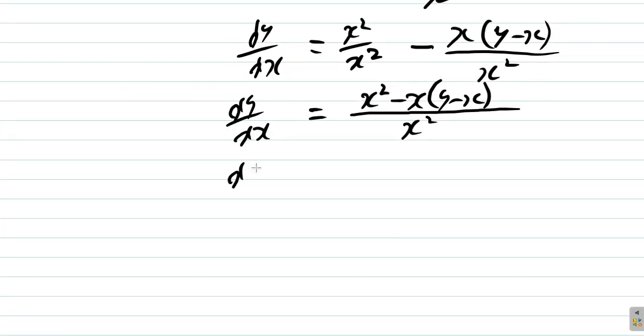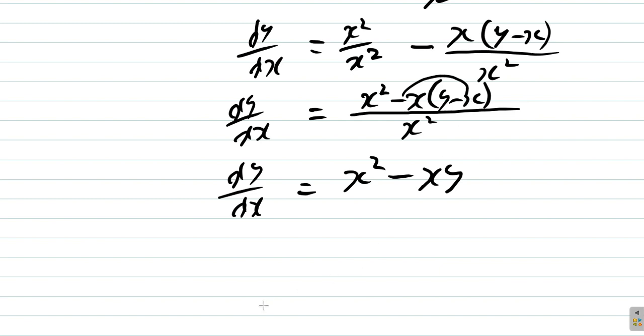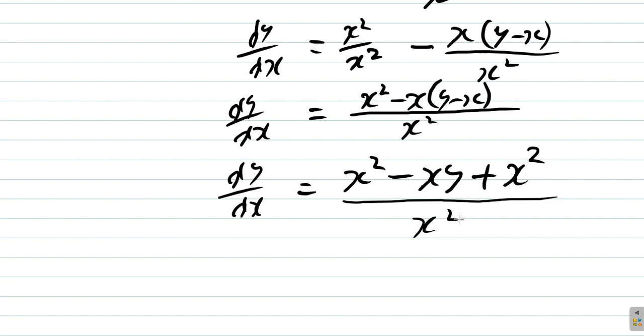So we continue. dy by dx equals, let's open the brackets. So we have x squared minus x times y gives us xy. Negative times negative will be a plus. X times x will be x squared, all over x squared.